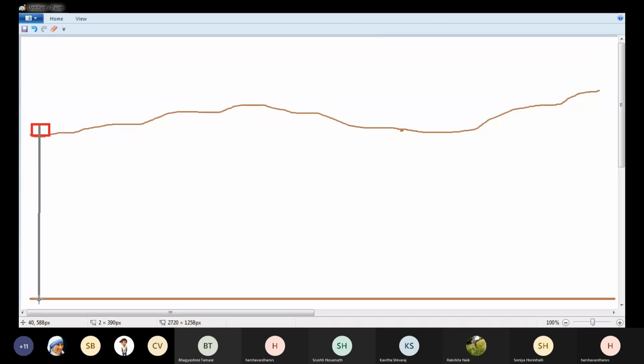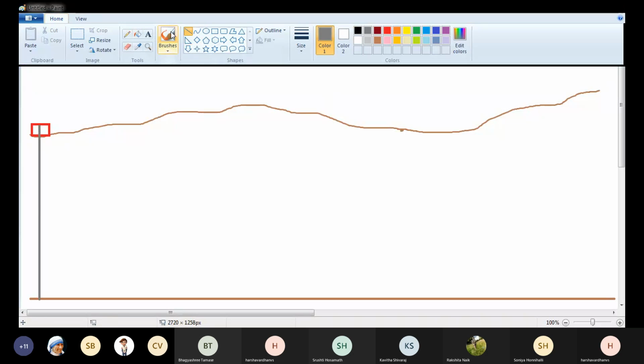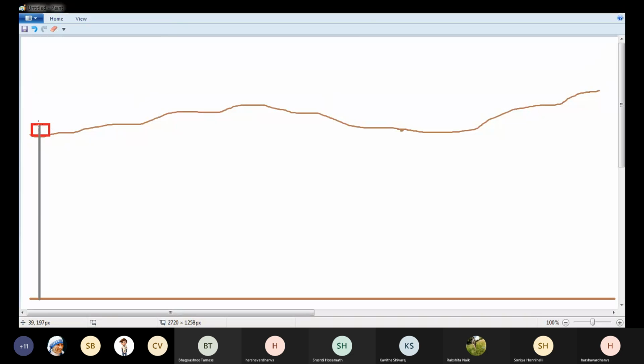So the vertical distance of the benchmark from the datum is already known. Let's say the elevation or RL is equal to 500 meters.